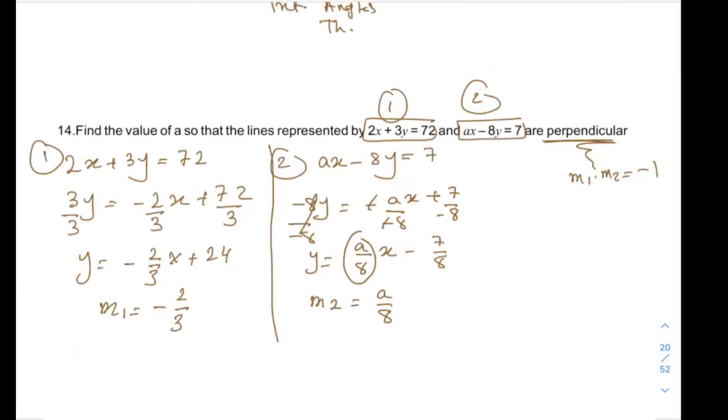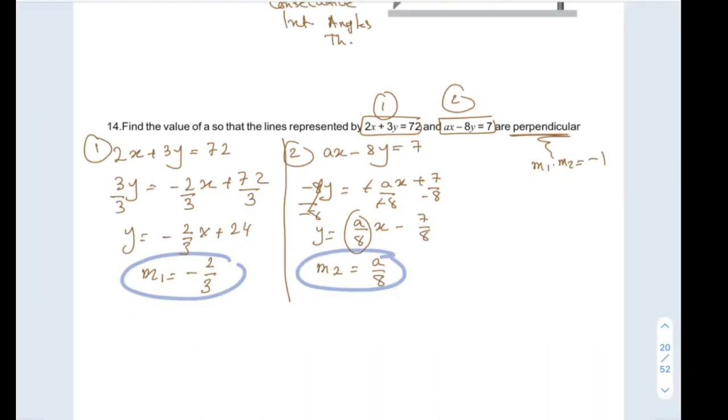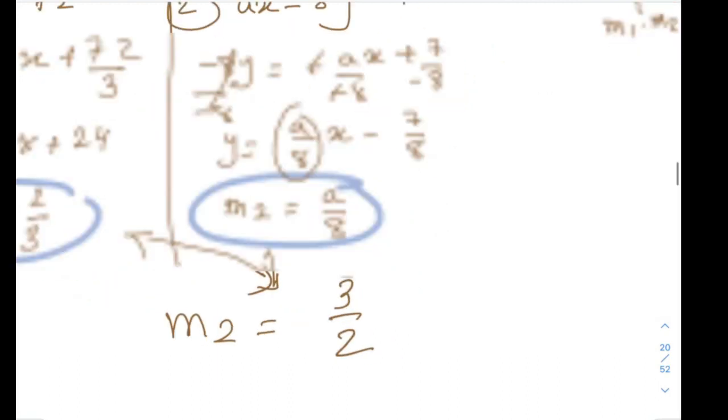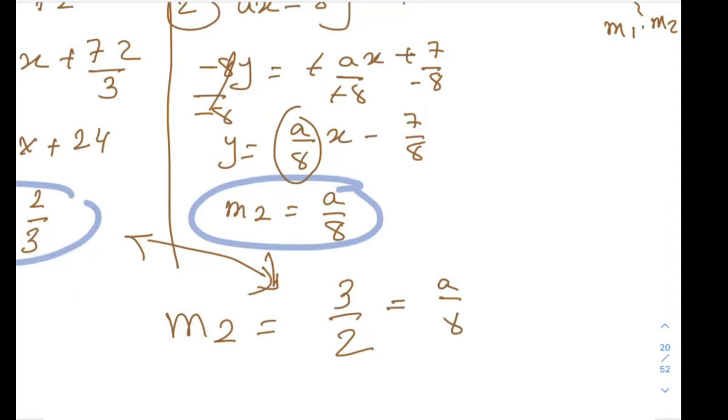Now, as you see here, this slope and this slope should have a product of -1, or in other words, slope 2 should equal 3/2, which is the opposite and the reciprocal at the same time, the opposite reciprocal of that one. So this slope should equal a/8.